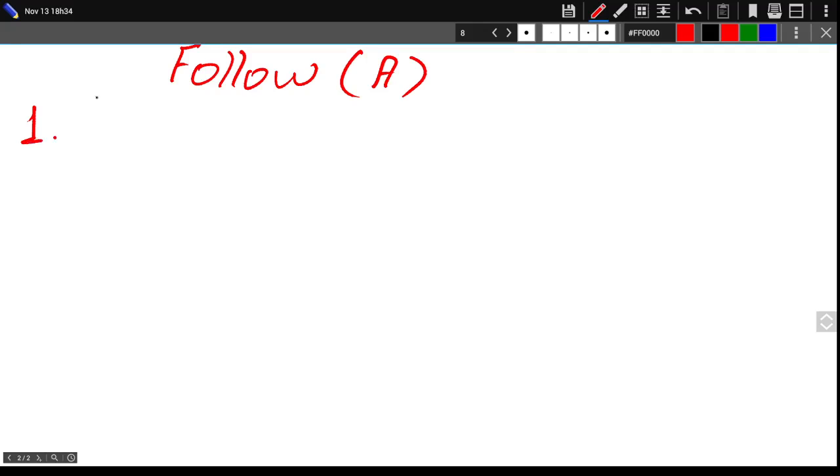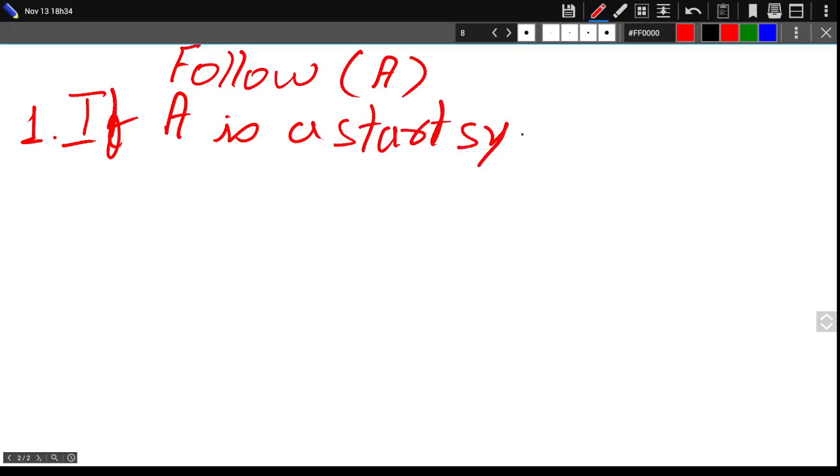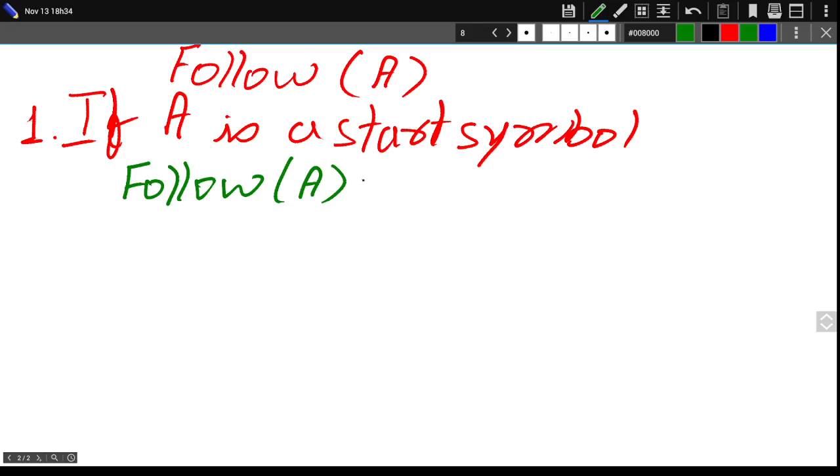First rule says, if this symbol A is a start symbol, in that case follow of this particular A is the symbol dollar.